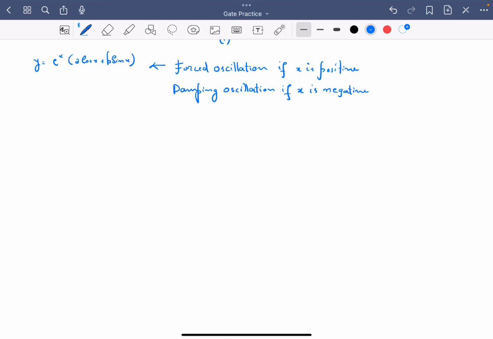So we take the derivative on both sides. y dash is equal to e raised to x. Take derivative of the first term, e raised to x, a cos x plus b sin x, plus derivative of the second term, minus a sin x plus b cos x.